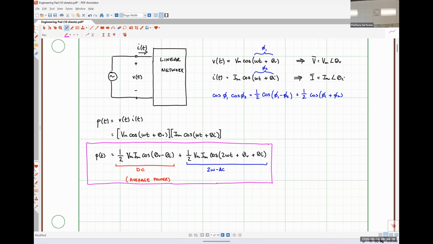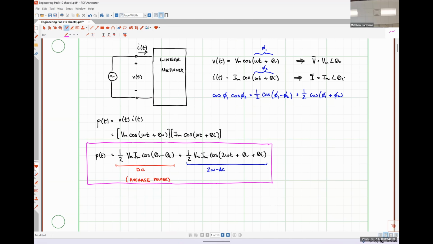So we can always use this particular equation for any sinusoidal system to calculate the instantaneous power for any network. And whatever the DC part of this instantaneous power calculation is will always be our average power for that network, okay?